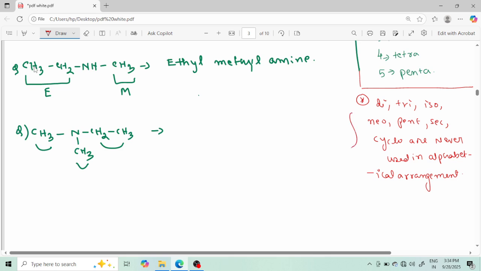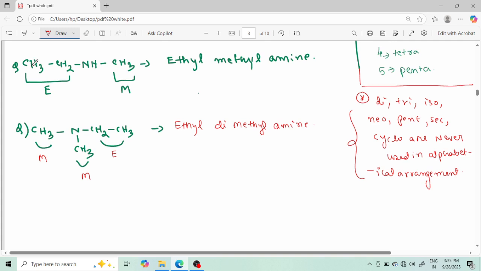So if they are not used in alphabetical arrangement, what will we do? Basically this one is methyl, M, this one is methyl and this one is ethyl. Alphabetically ethyl will come first, so you will write ethyl, then methyl. Since methyl is appearing 2 times, I have to use the word di, but we will not be considering the d of di. As per the rule, you cannot consider di, tri, iso, neo, those things. Then you will simply write the name amine.